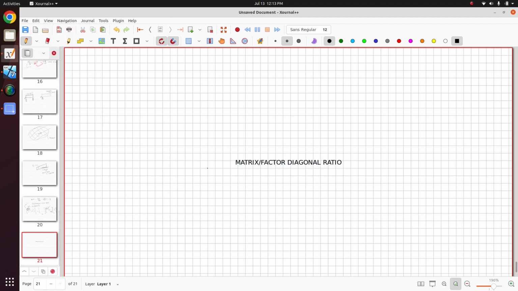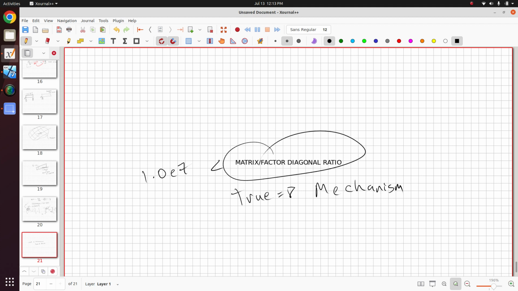If it's greater than the default of 1E7, this is an indication that you have a mechanism. That's what these ratios are used for. This is why you have excessive pivot ratios, because you have a mechanism.